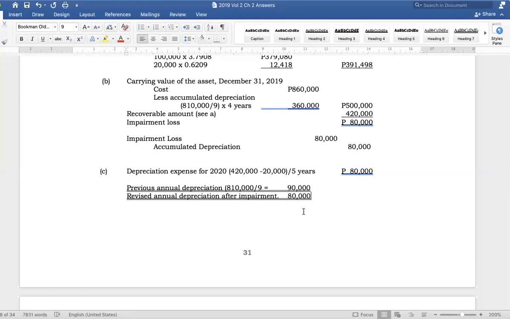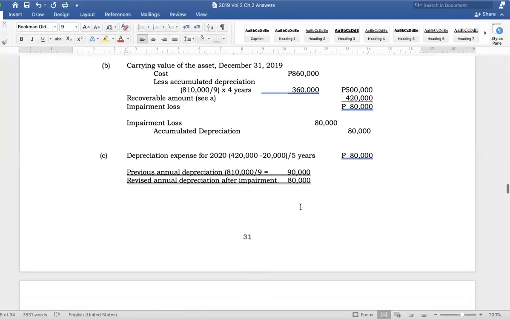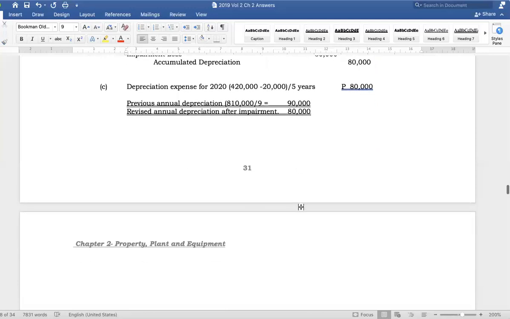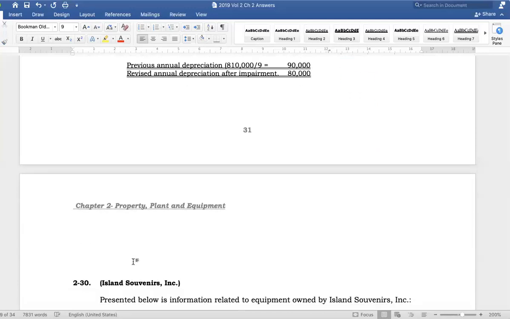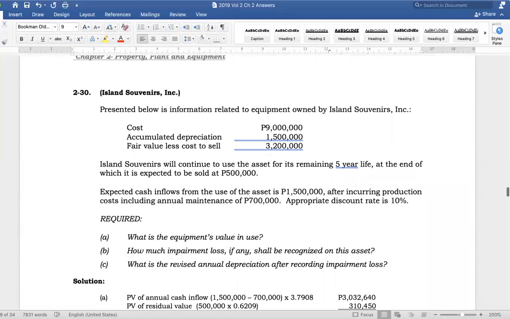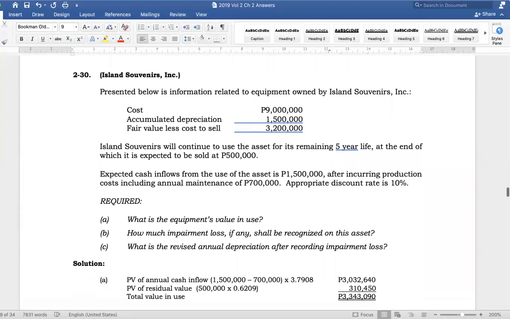So from the date impairment is recorded until you test again the asset for its recovery, you are to determine the unrecovered impairment loss. So gradually here you are recovering 10,000 of impairment loss through lower depreciation. So we will be discussing that in a later exercise. Okay, so proceed to 2-30 to strengthen your knowledge on impairment of assets.